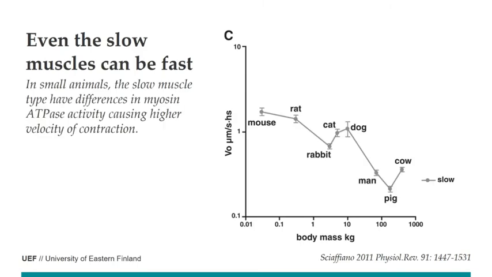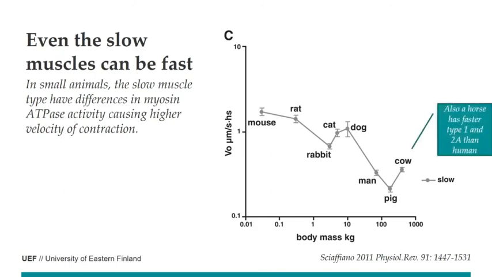And there's a huge difference in how this myosin ATPase activity is operating in different sizes of animals. So in these large animals, the myosin ATPase activity is much lower in these slow oxidative cells.